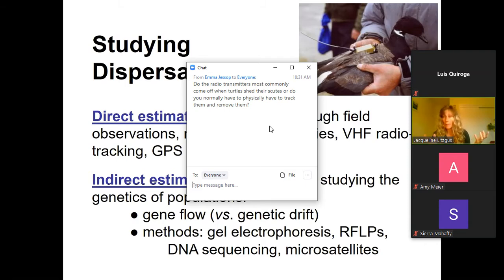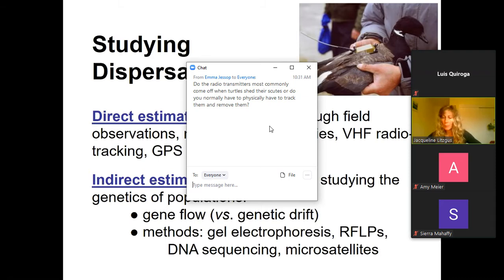However, if you have low gene flow, low dispersal, then you're going to end up seeing these demes that are very genetically distinct from each other. And I have a slide, the next slide tells this a little bit more. But so you can get information about gene flow and therefore dispersal, right, by looking at the genetics of these demes in these habitat patches.